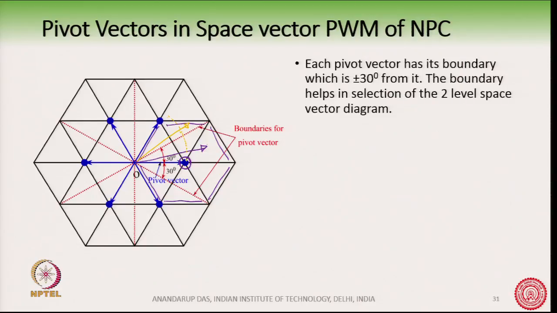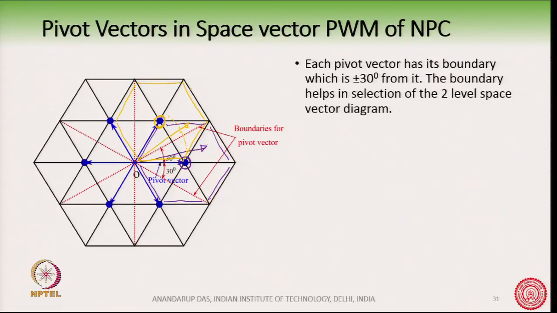Now this becomes the pivot vector and this becomes the hexagon on which the switching should take place. So, from the violet colored hexagon, after crossing the boundary, we have now moved into the yellow colored hexagon.